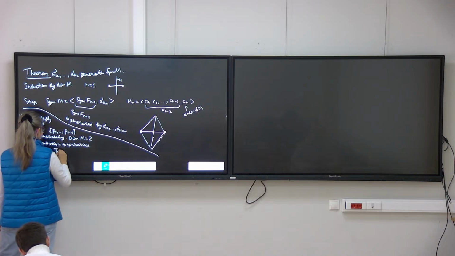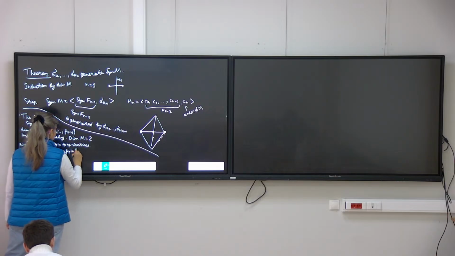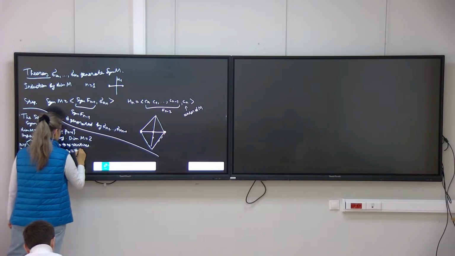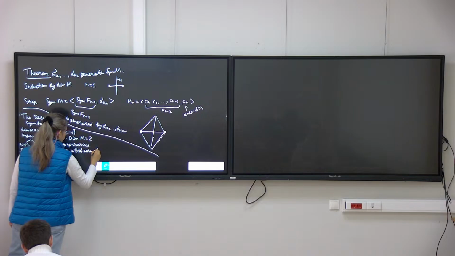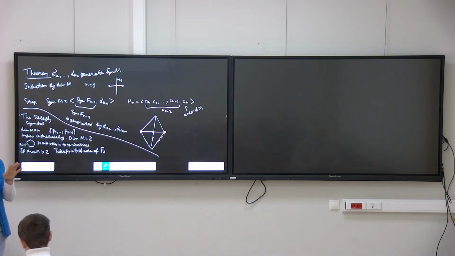So take p1 to be the number of sides of F2. So it equals the number of sides of any two-dimensional face. Since our action on flags is transitive, each two-dimensional face has the same number of sides.